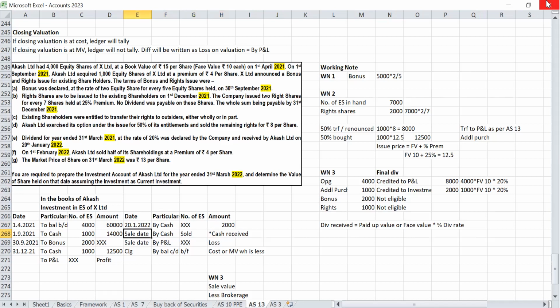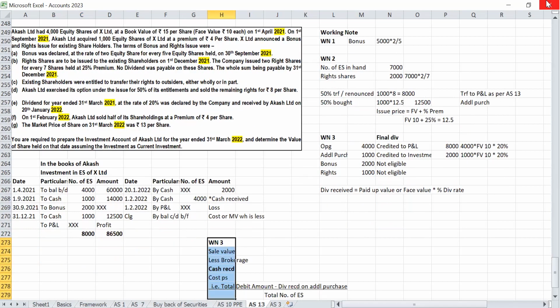And on 1st February 2022, Akash Limited sold half of the shareholding at a premium of 4 per share. What is the total shares in hand? 8,000 shares. Half is 4,000. Sold at premium: 10 plus 4, 14.